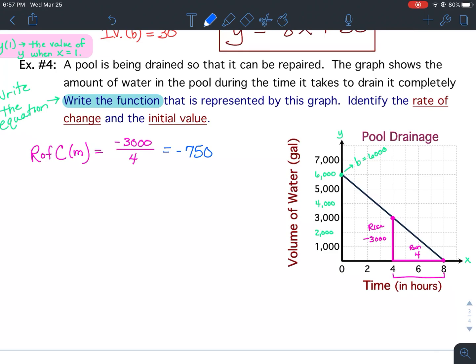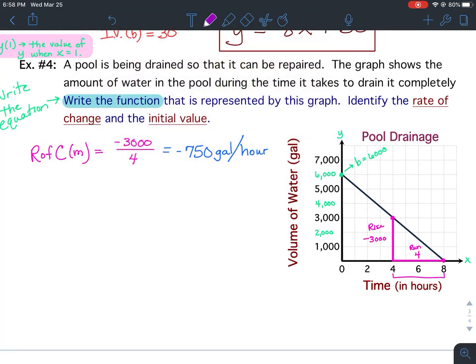That means that the water is being drained at 750 gallons per hour. Notice I didn't say it's draining at a rate of negative, because I'm saying the word draining, that's indicating that the number is negative. So this would be -750 gallons per hour is our rate of change.